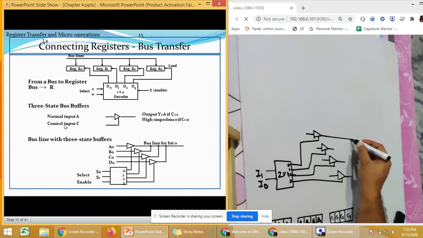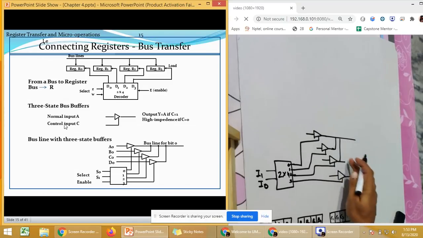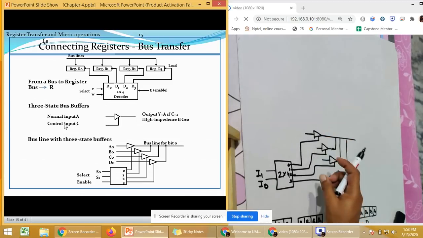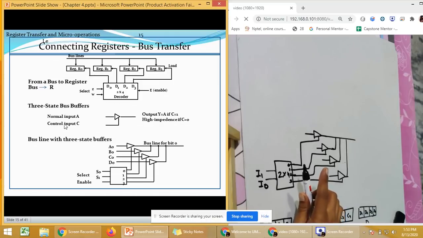If I connect all these outputs at a single place, what will happen is that at one time, whatsoever input we give at these places, one out of them will be activated, because these are our two selection input lines for our decoder.